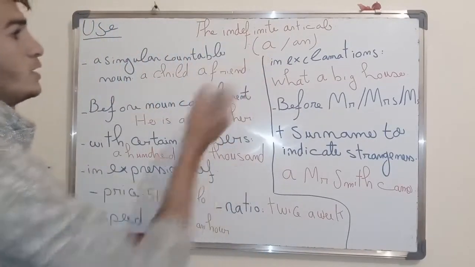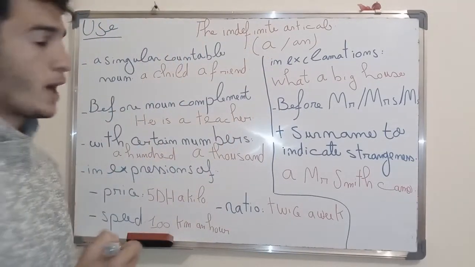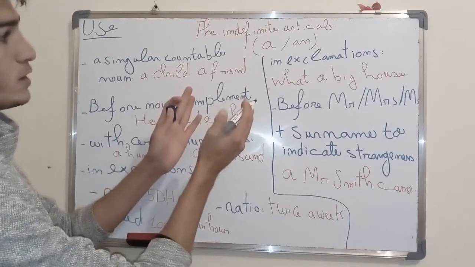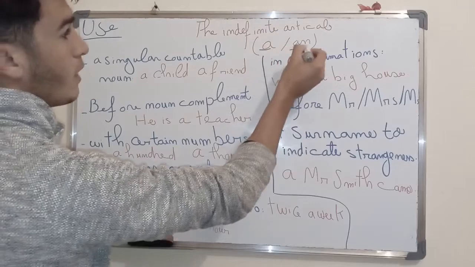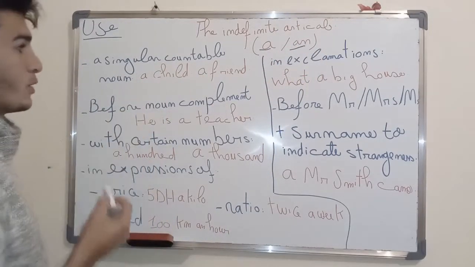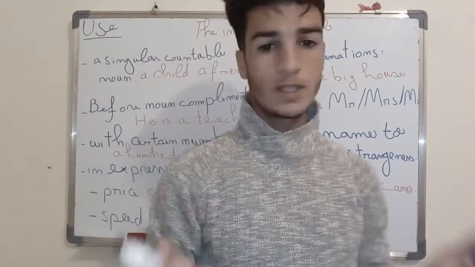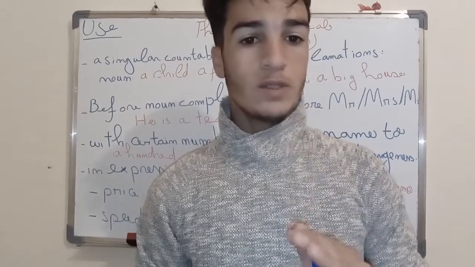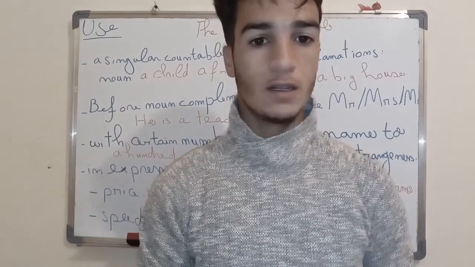As you see here, we have the indefinite article, we have use. We use the indefinite article, which is a or an, before a singular countable noun.